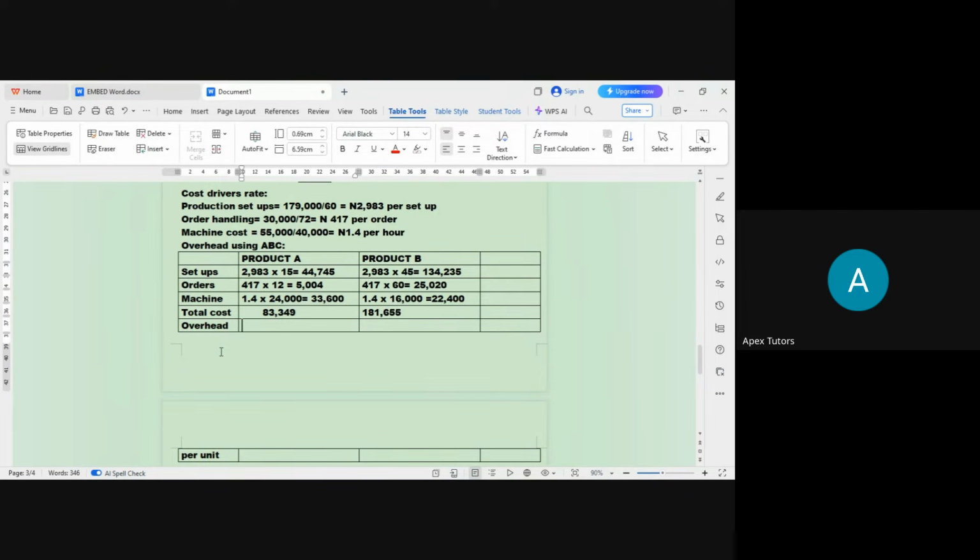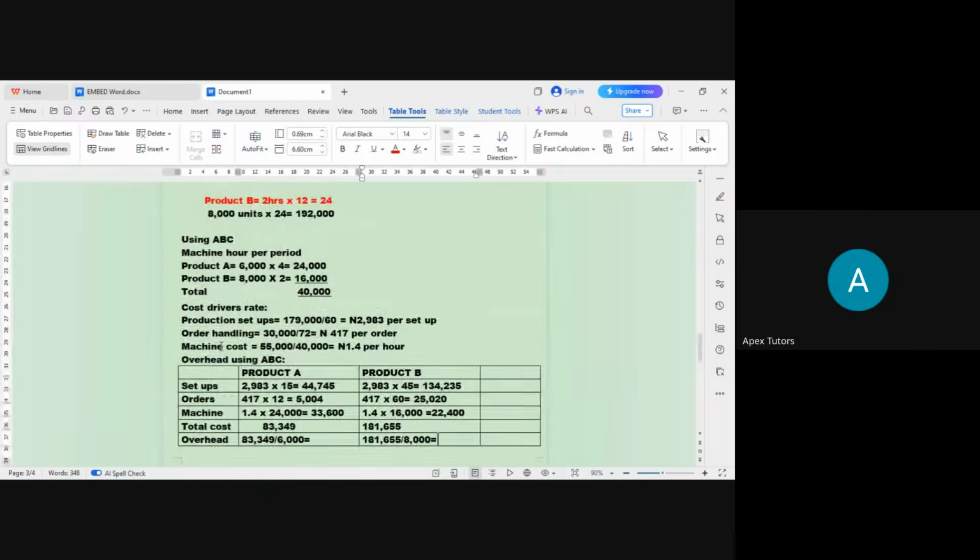So 83,349 divided by 6,000. You have the value for one, and for this, 181,655 divided by 8,000. You have the overhead per unit.